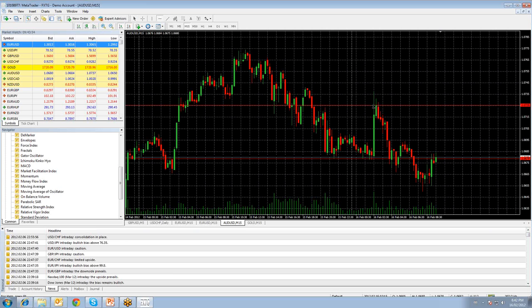And I would then look at the next high being a resistance line. So in hindsight, this here would be my R1, being resistance one, and this would be my support one. So R1 and support one.